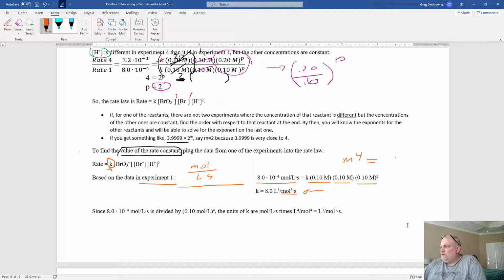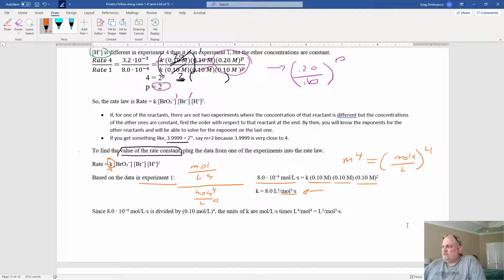Molar to the 4th is the same thing as moles per liter, all raised to the 4th. So if we wanted to, we could write this on the bottom, because now we're going to have to divide this side over here. Wouldn't we have moles per liter all to the 4th?